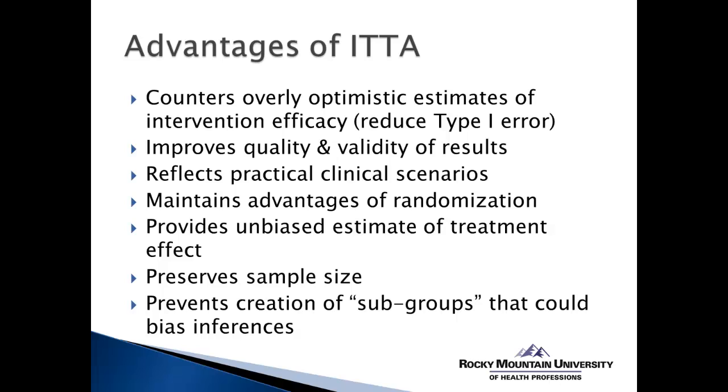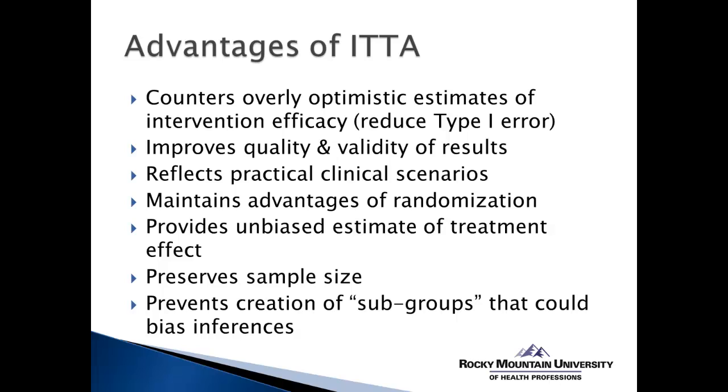And also, subjects might be non-compliant or may drop out from the study due to their actual response to the treatment. If they have a negative response to the treatment, in other words, a harmful response to the treatment, then that might be why they dropped out. So if we exclude them, we won't be able to account for that response to the treatment.